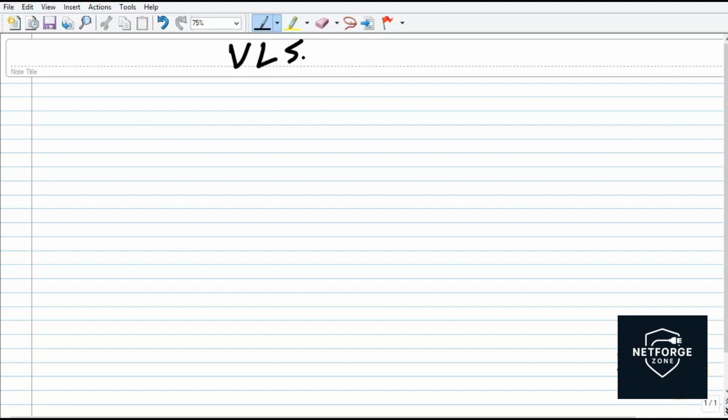For the second example of VLSM, I want to give you 10.10.10.0/24, and you need to assign enough addresses to 3 subnets. The first subnet has 95 devices in it.